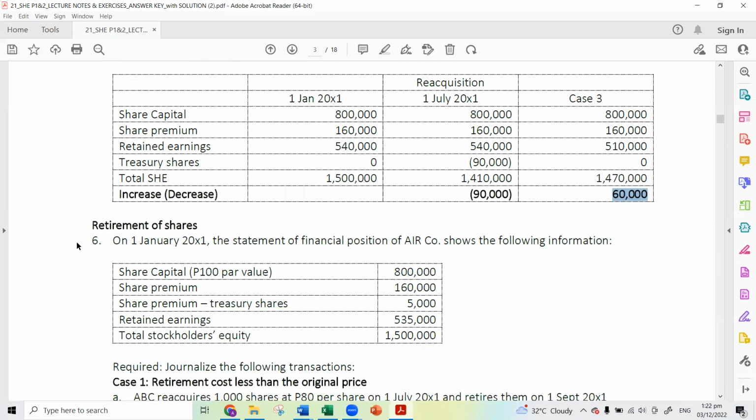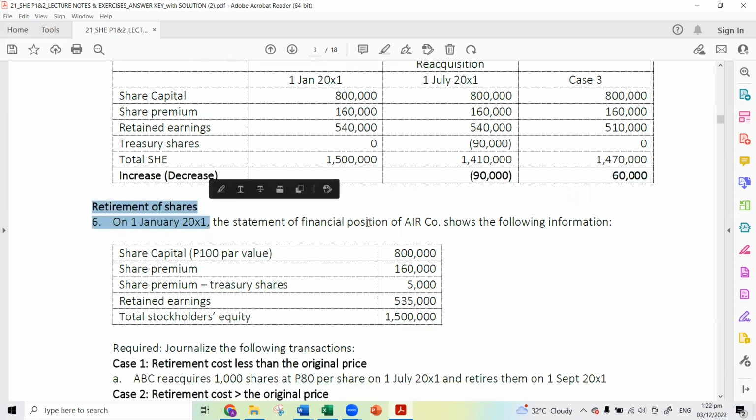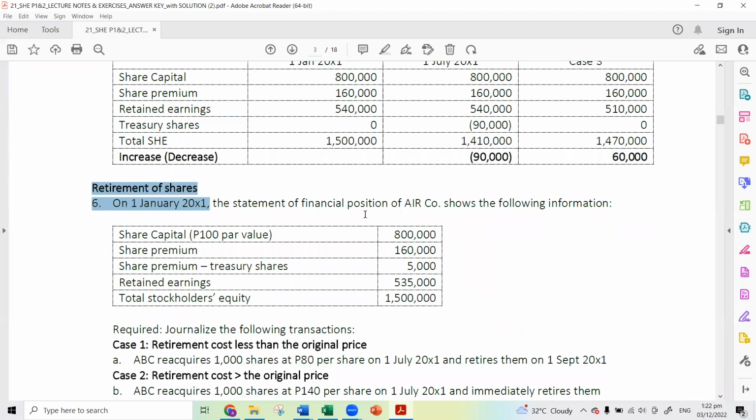Next, let's go to retirement of shares. Dito sa retirement ng shares class, sino ba ito? Pag sinabi mong retired, these are the shares that have been reacquired and canceled. Ano ba ang pagkakaiba niyan sa treasury shares?